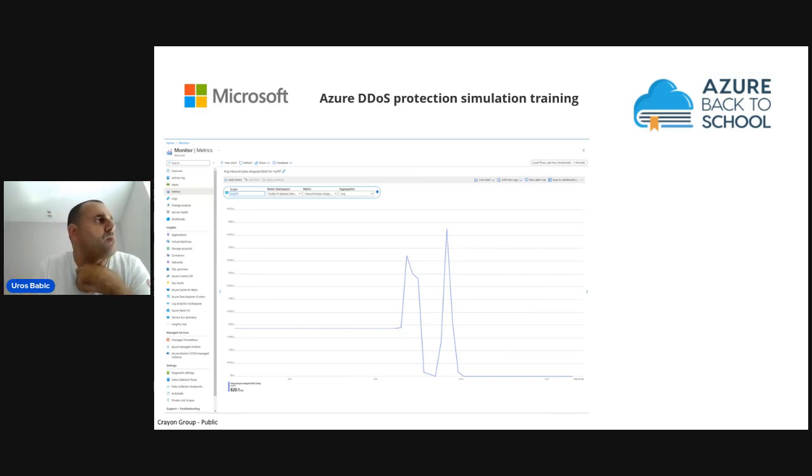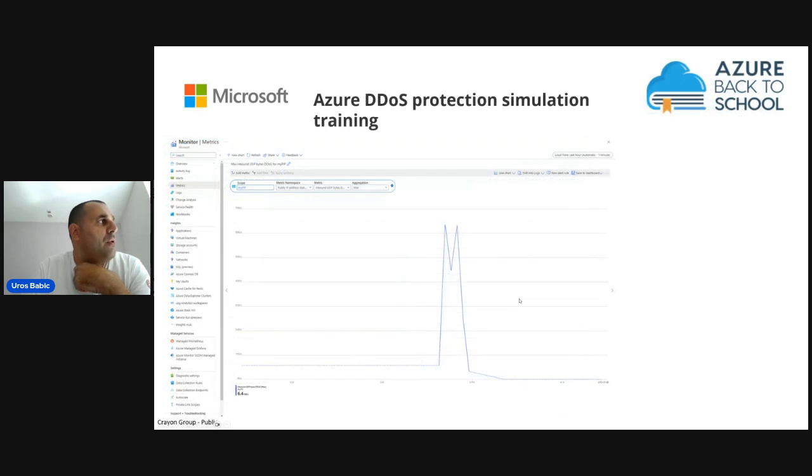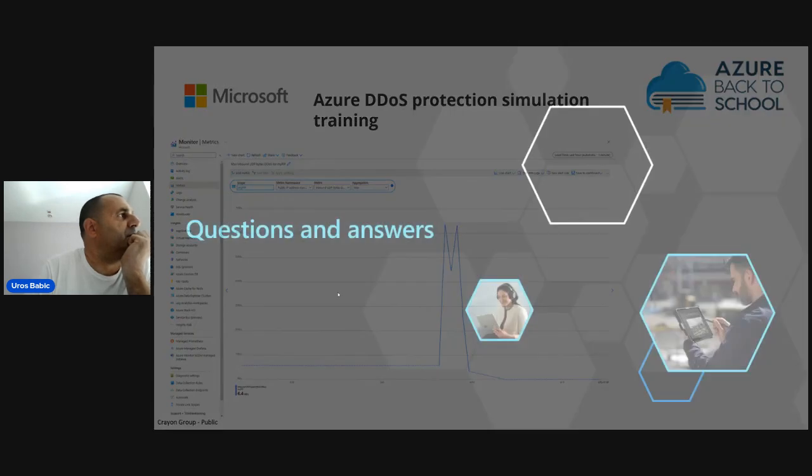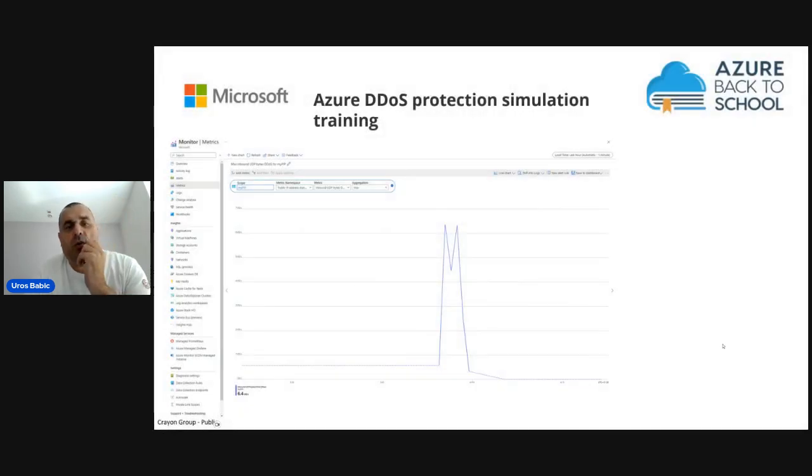And of course, you have a lot of different parameters here. You can find a lot of information regarding this type of demonstration, how we utilized our attack with this type of attack.